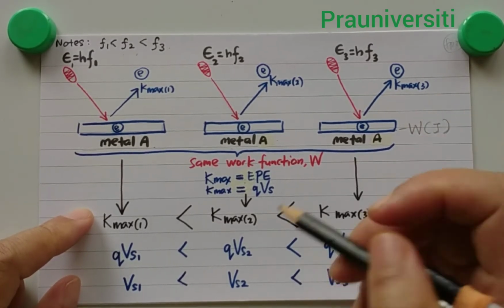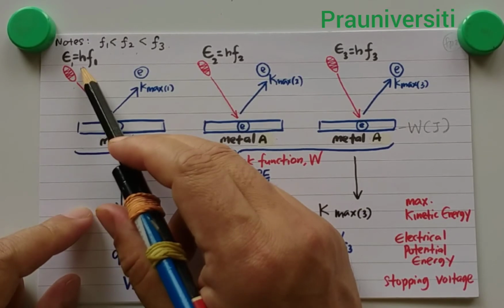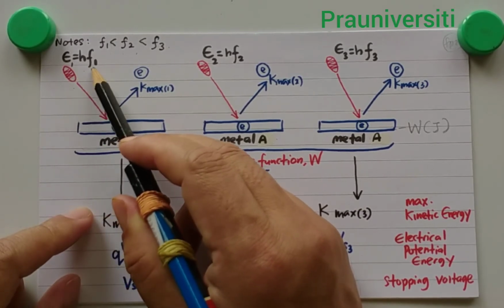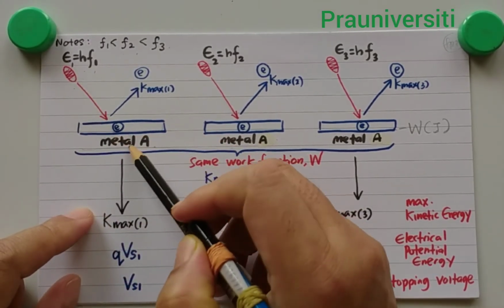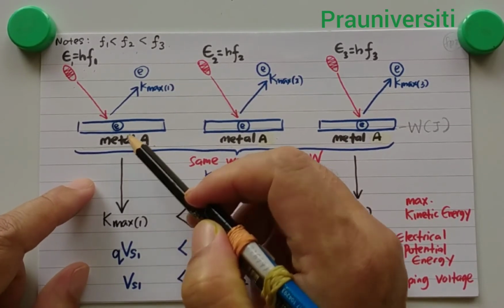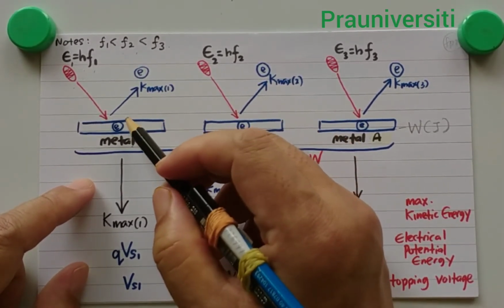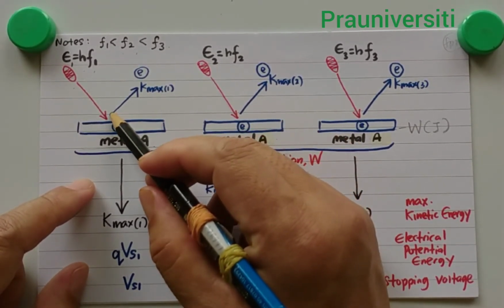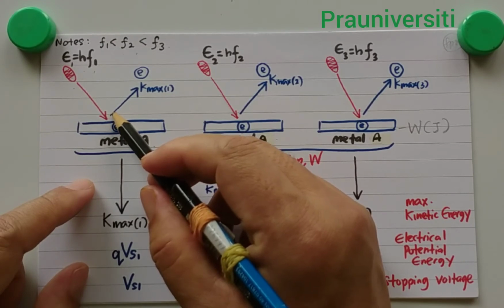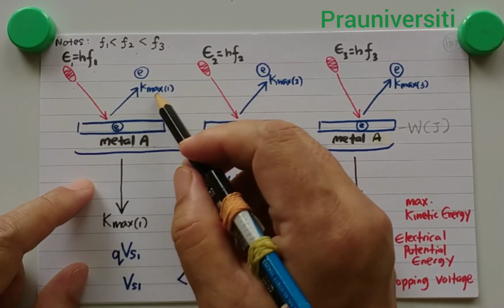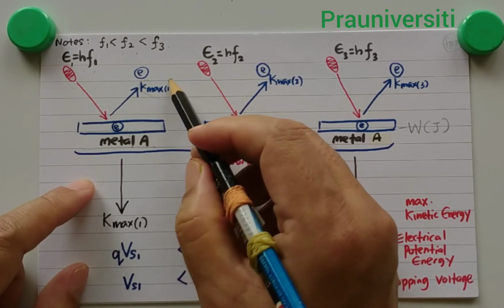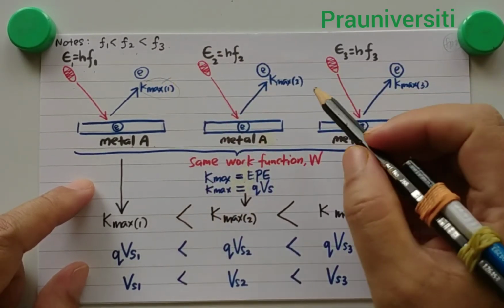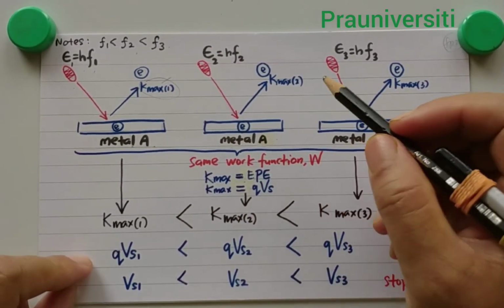The photon E1 equals hf1, with frequency F1, hits the metal, and an electron is ejected, jumping out from the surface. Then the electron has the maximum kinetic energy, Kmax1.